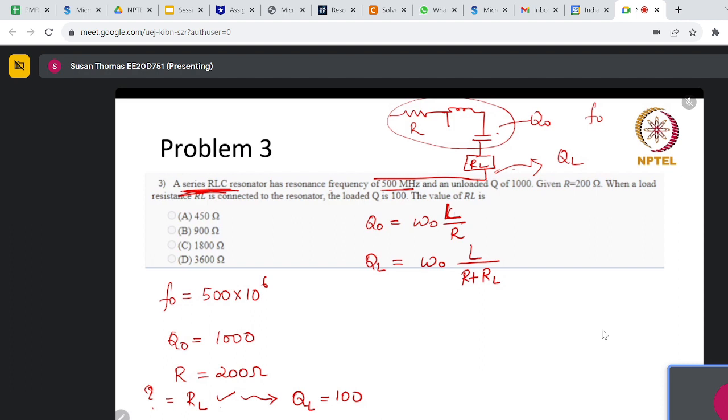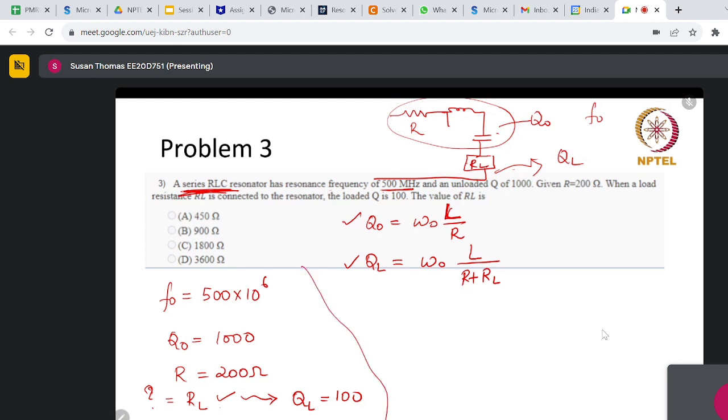We know what is Q naught. We know what is QL. We also know what is R, but we do not know what is L. So, is there a better way to simplify this?